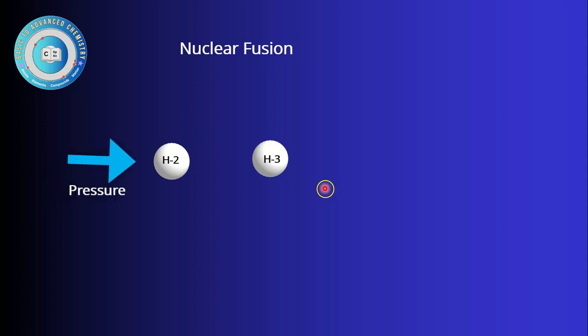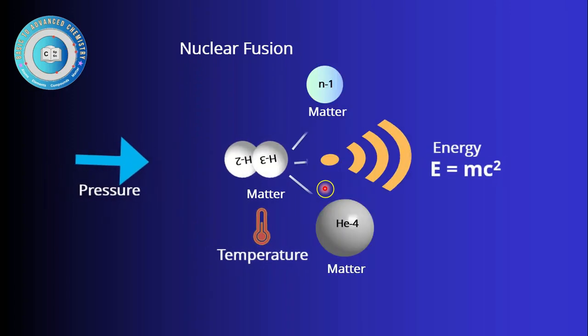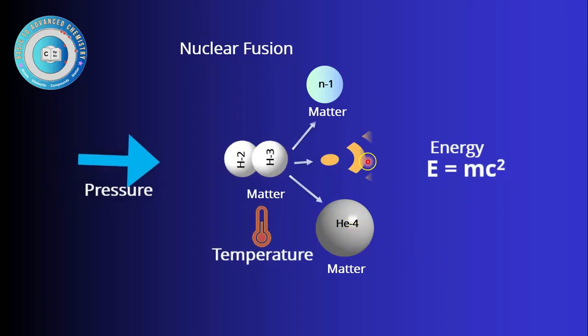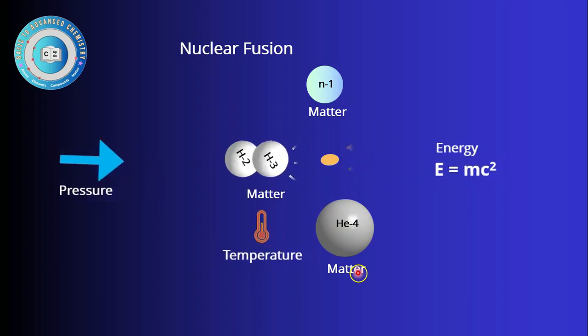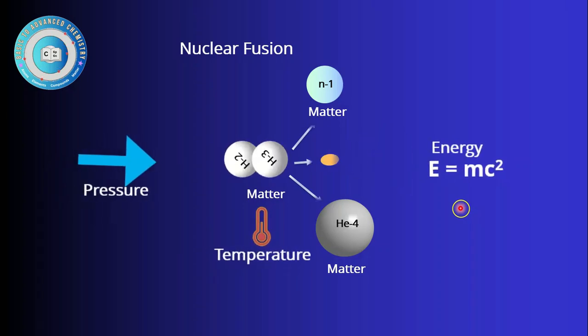High pressure heats the nuclei of hydrogen. In the presence of high temperature, these two nuclei are fused together to form helium and a neutron. Neutron and helium are matter. In between this, a high amount of energy is generated. This is a real reaction, what is happening in the nucleus of the Sun.